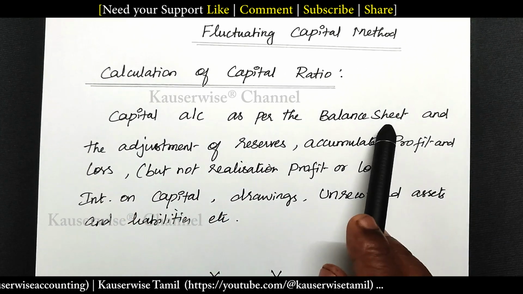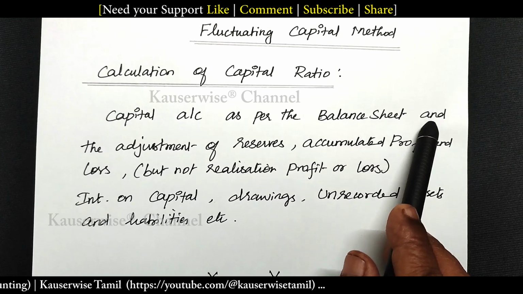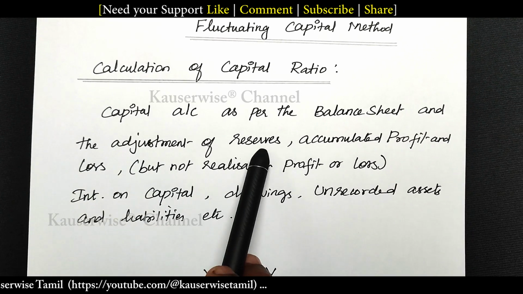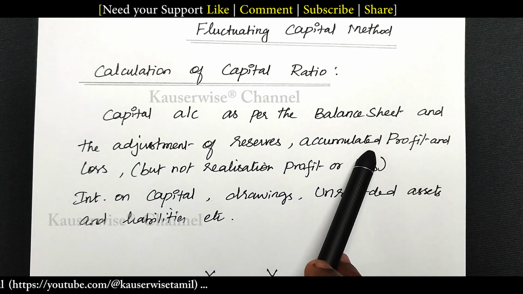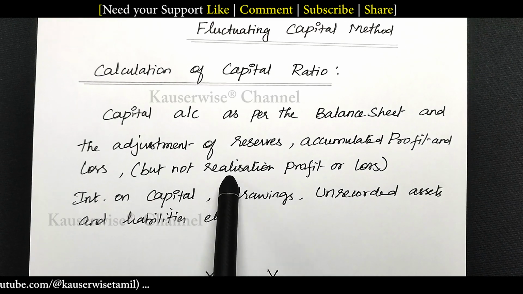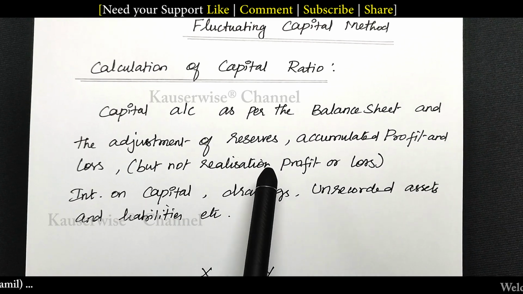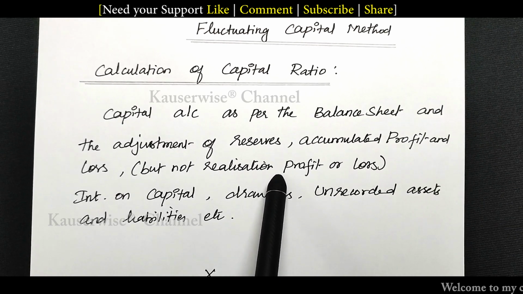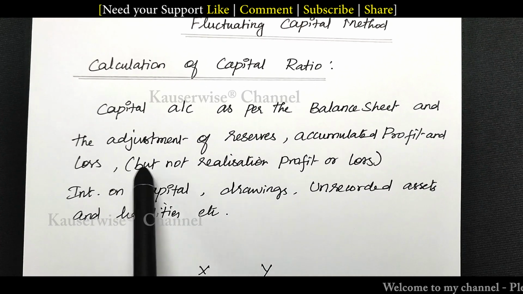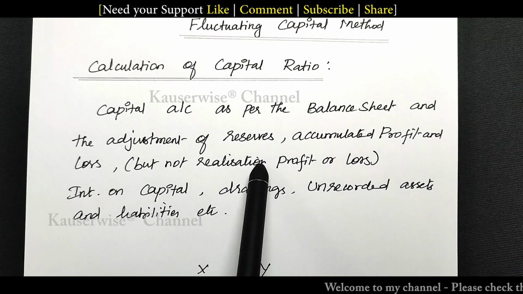So enter their capital account balance and the adjustment of reserves, any accumulated profit or loss, but not the realization profit or loss. We have transferred all the losses to partners' capital accounts, so don't consider the profit or loss on realization.